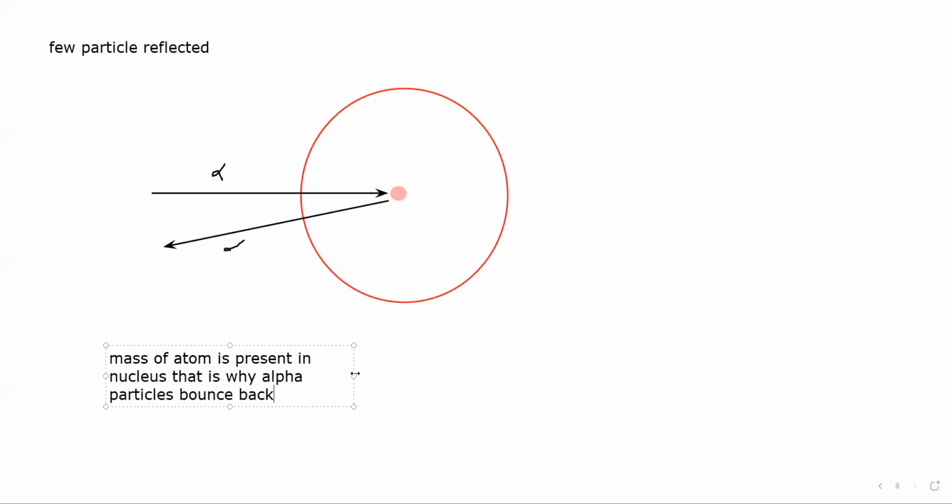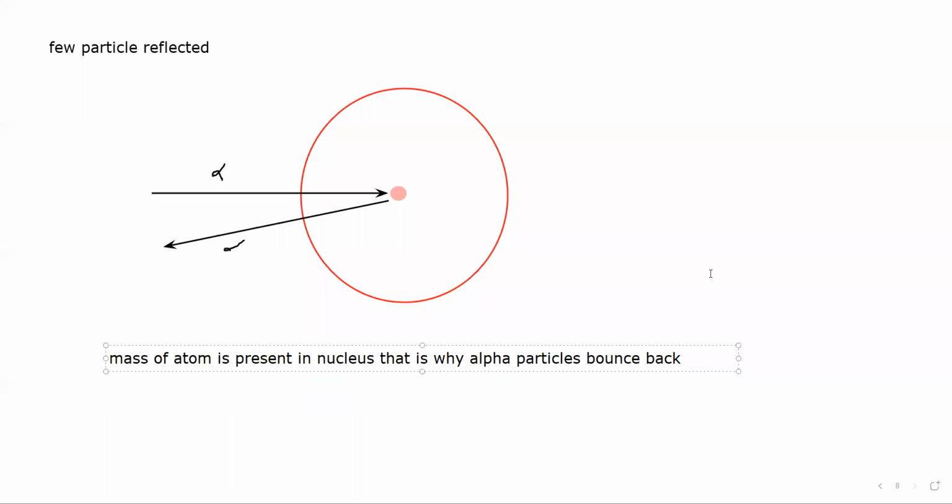So these are the three conclusions which he drew. There are more conclusions of his experiment, but the other conclusions are not correct, so they are not included. There was a wrong conclusion. He was saying that electrons are continuously moving around the nucleus, and as they move around the nucleus, they lose energy.